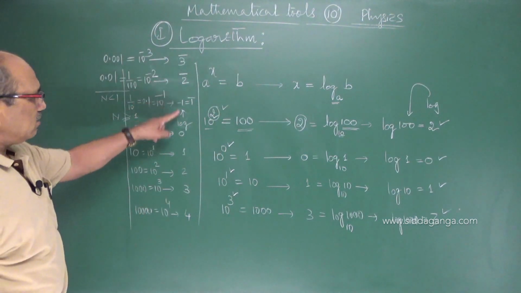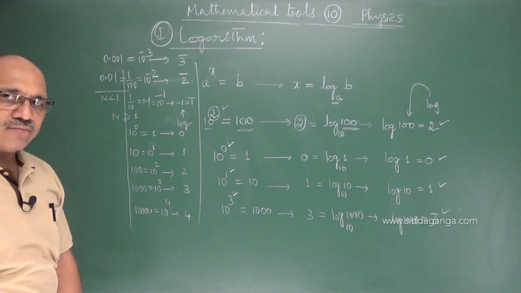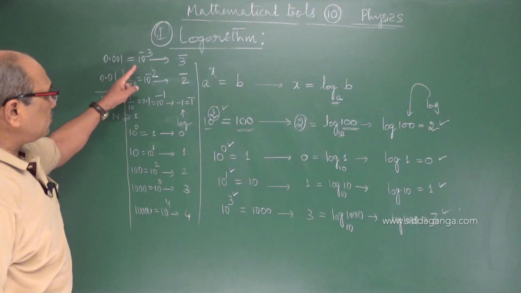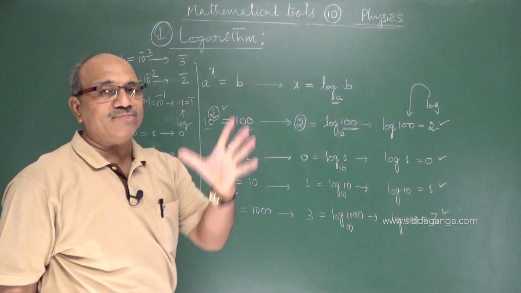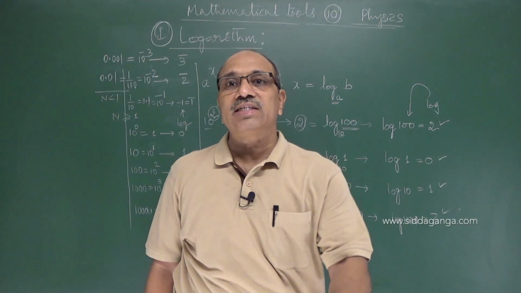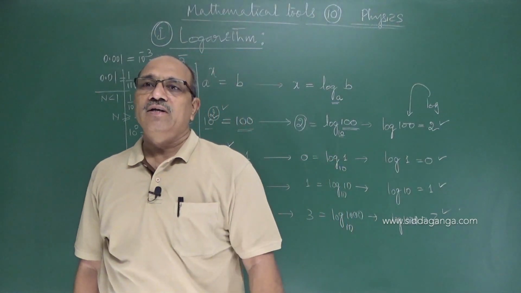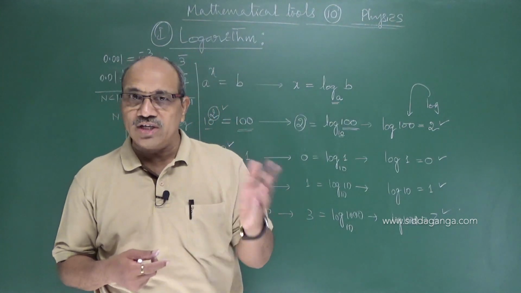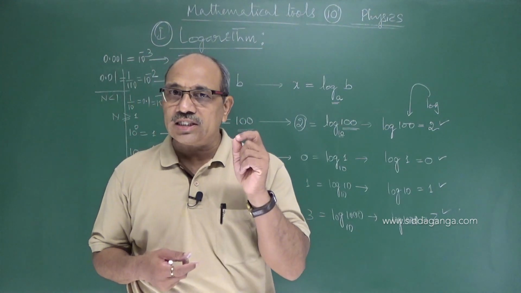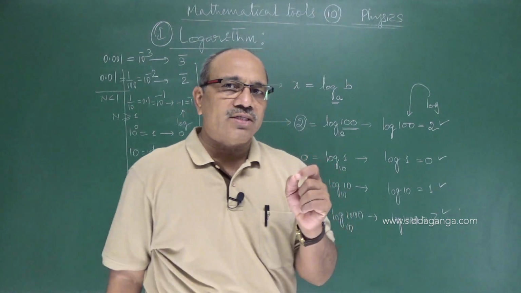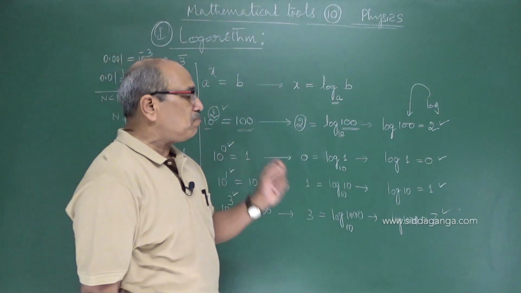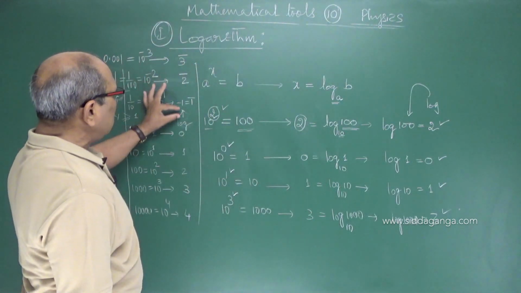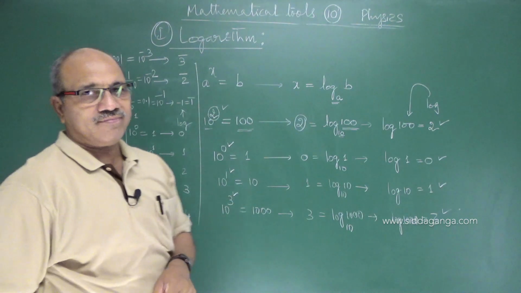Look at the numbers which I obtained. What these reveal is that powers of 10 are called logarithms to the base 10, log base 10. When you express any number, if you succeed in writing that number as a power of 10, the power of 10 value is called the logarithm of that number.